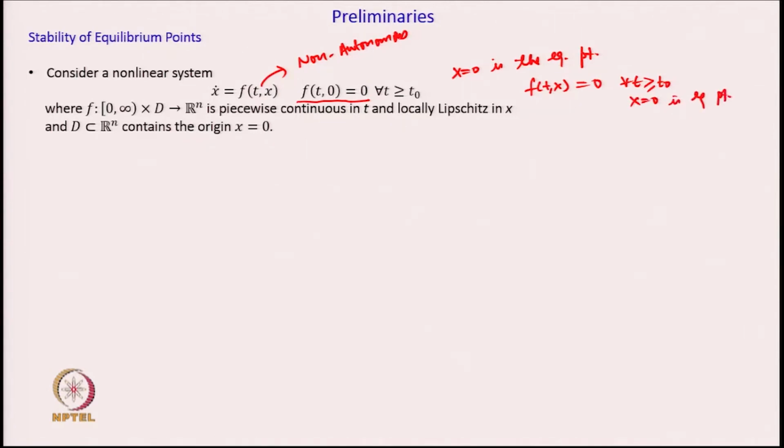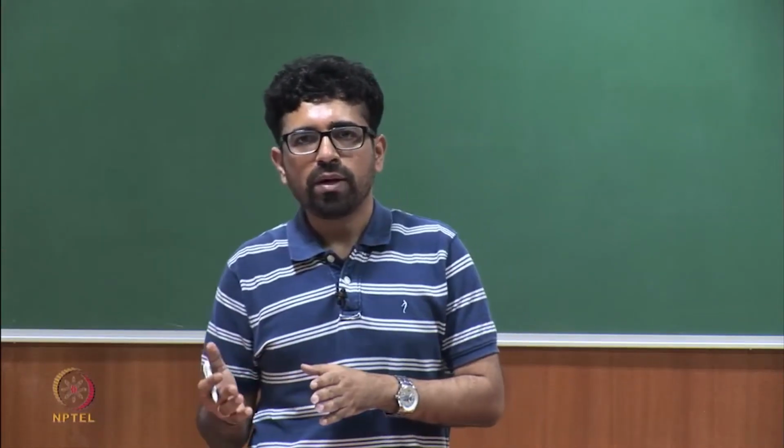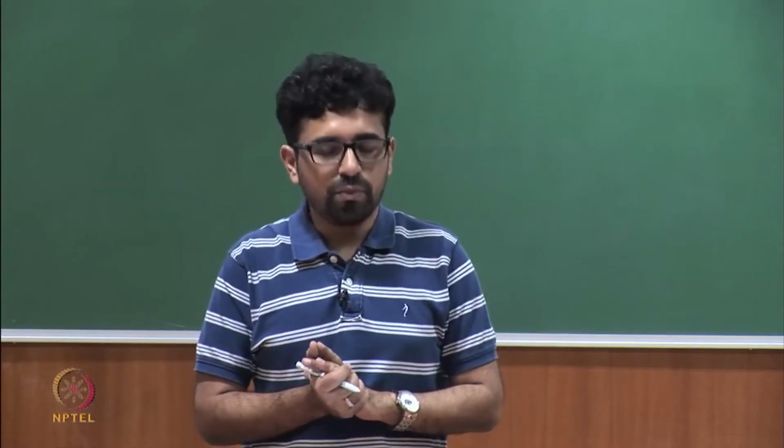For simplicity, we will consider, without loss of generality, that x equal to 0 is the equilibrium point for a nonlinear system. I had mentioned in the last class that you could always do a change of variables, and even if you have a non-zero equilibrium point, you could convert that back to 0.